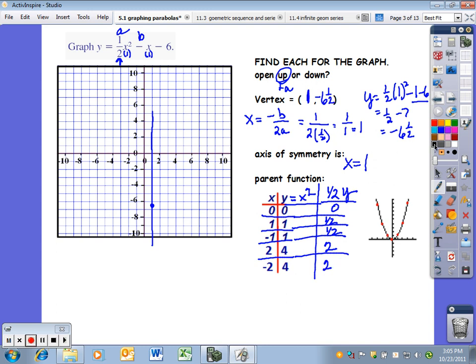So from this point, I've shifted my vertex over to here. From that point, there'd be the (0, 0) of my new axes.